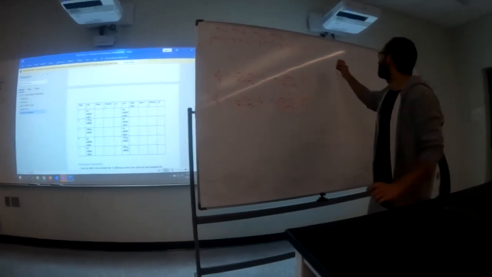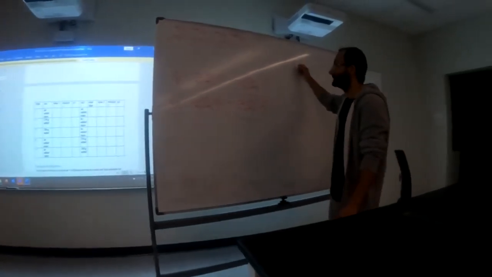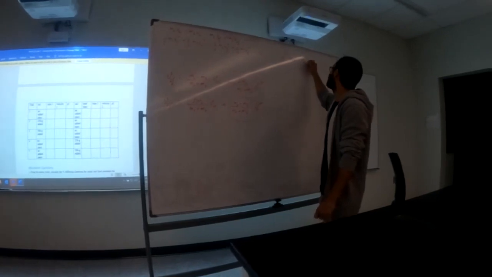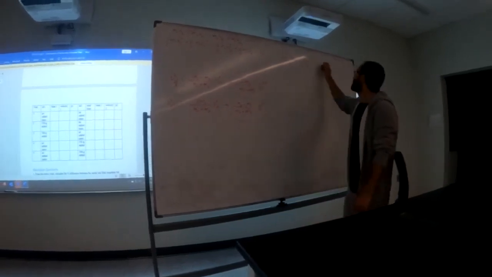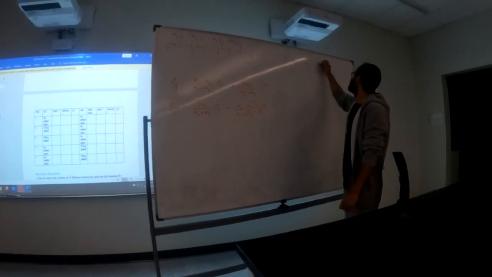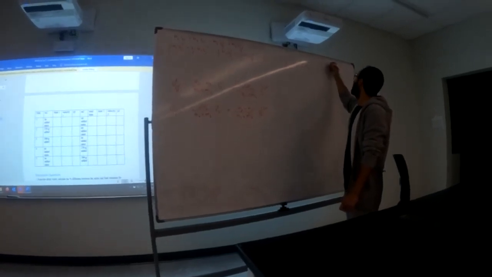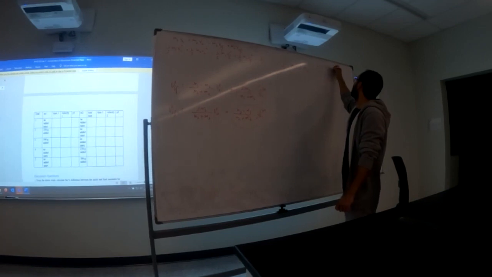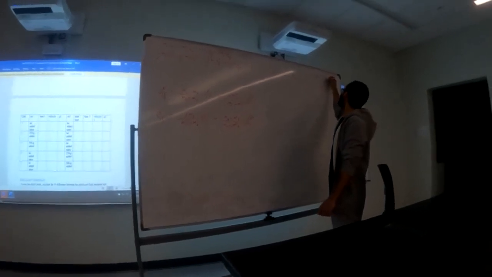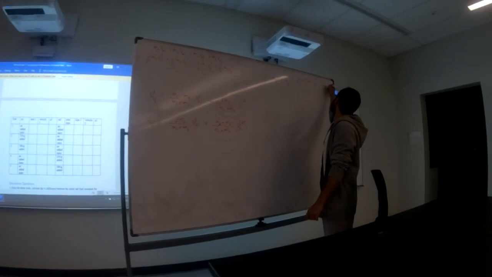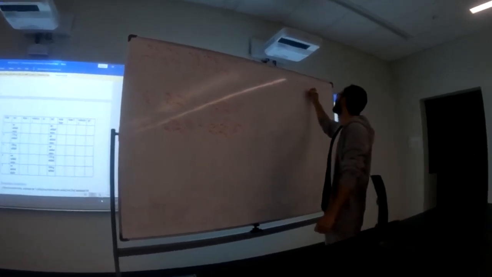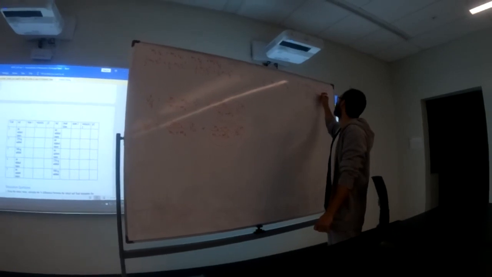Now let's take one of the cases where M1 is very, very less than M2, which means 1 is, let's say, a boy on a scooter, and 2 is, let's say, a semi-truck.